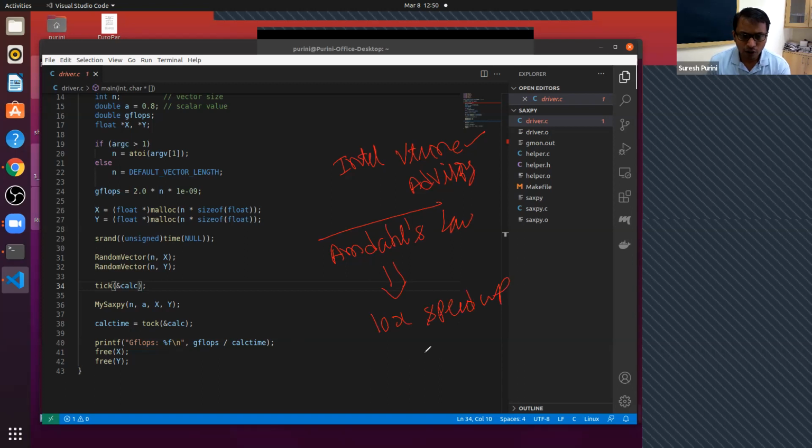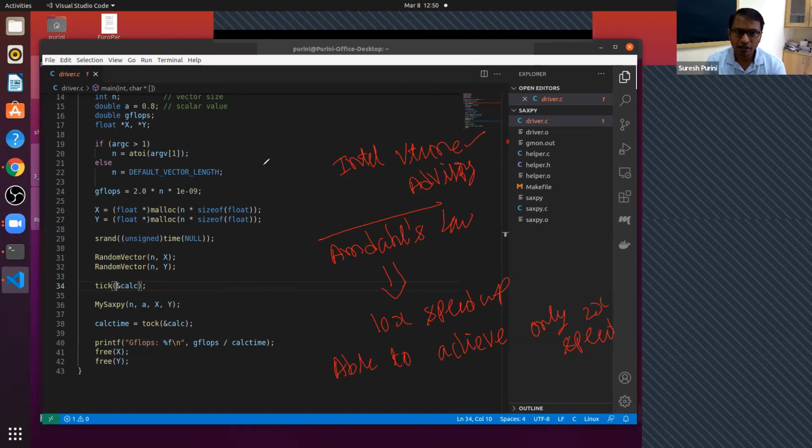But no matter what you are doing, you are able to achieve only 2x speedup. Okay. So what could be the problem? Can you take a guess? What could be the problem that we are getting only 2x speedup whereas Amdahl's law is saying that we should get 10x speedup?